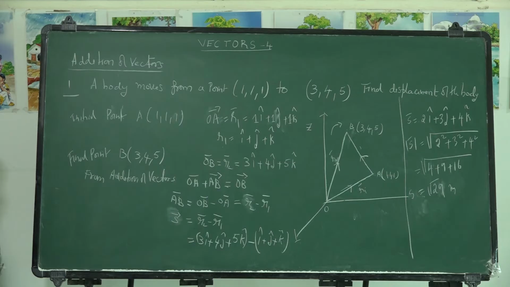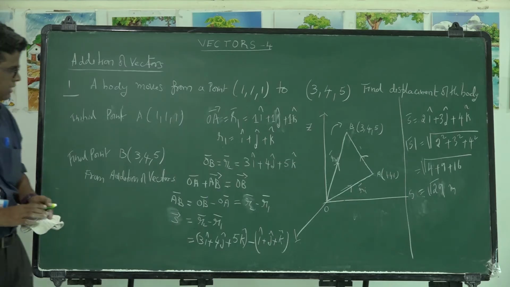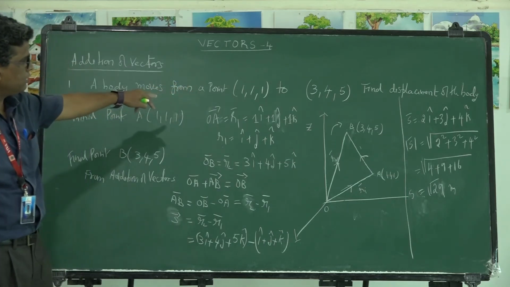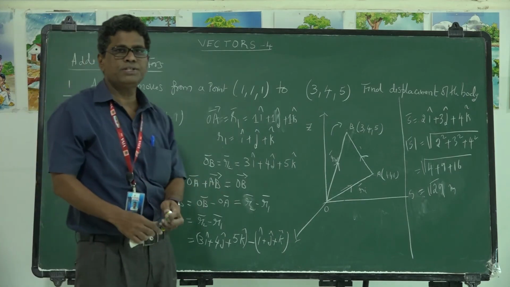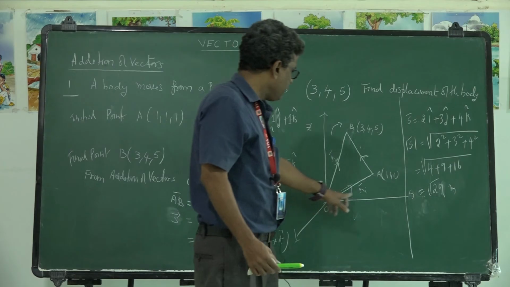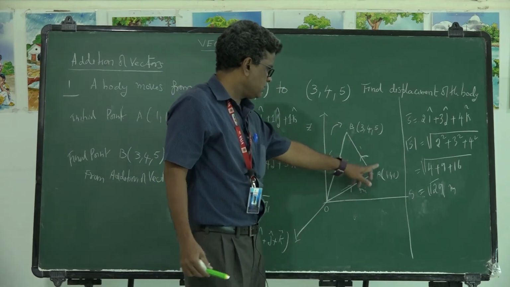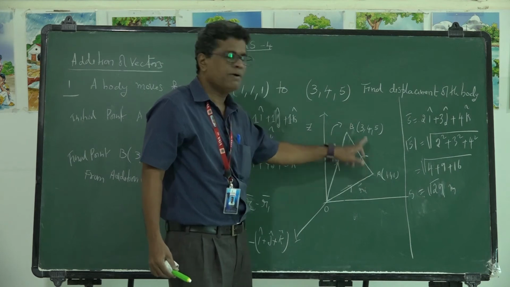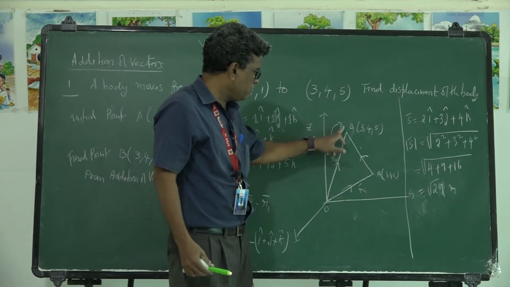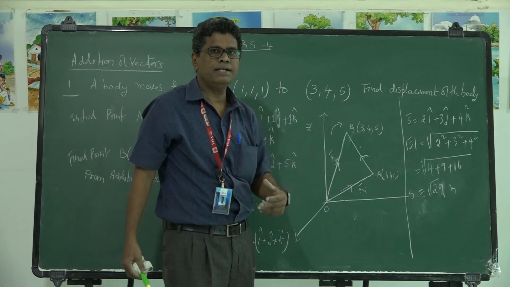Okay, this is the first method, the geometric addition method. What is the geometric addition method? Suppose there are 3 vectors, here R1 bar, R2 bar, AB bar, OA bar, OB bar. I want the relation between them.